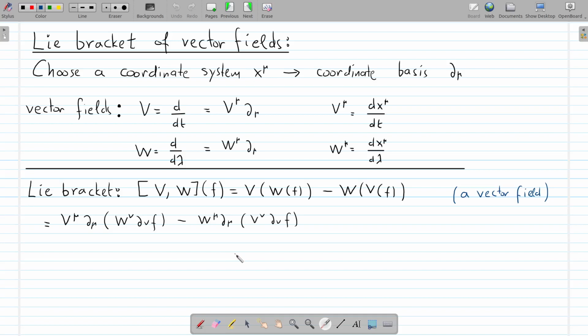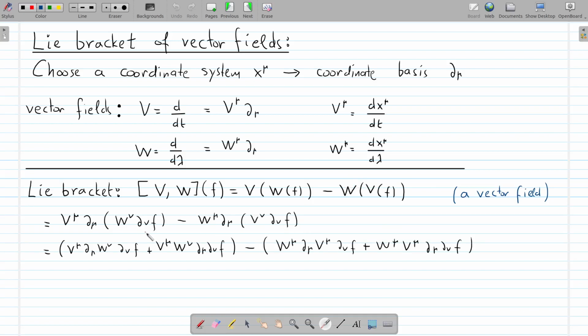So let's see what this definition gives us if we consider the components of those vectors in the chosen coordinate basis. So when W acts on f, it gives us this function here. And when V acts on this function, we obtain this term. Similarly for the second term. Then we can apply the Leibniz rule for the derivative d mu and have those two terms for each term.